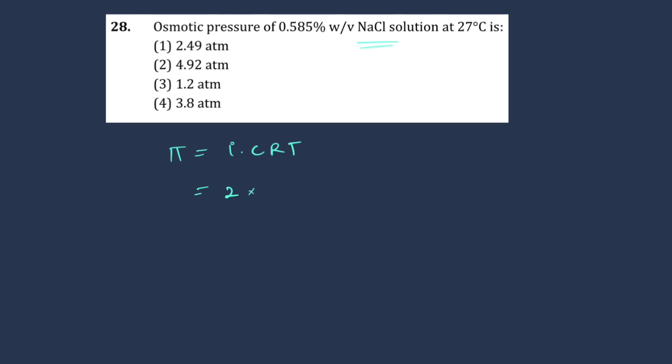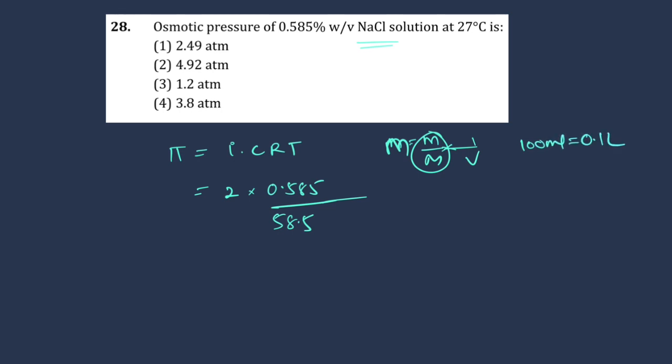Concentration, how much? 0.585 divided by 58.5, mass by molar mass. n means mass by molar mass, and by 1 by V in volume. So this is moles, and molarity means mass by molar mass into 1 by V in liter. Then the percentage they gave means 100 milliliter. 100 milliliter is equal to 0.1 liter. Therefore 0.1 liter. This is into R.